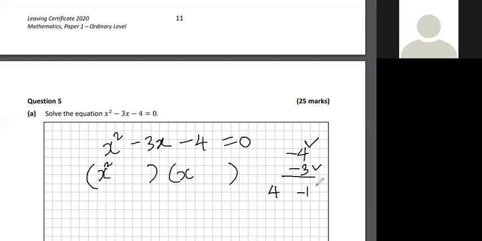But if you add 4 and minus 1, you will never get minus 3, because that will give you just 3. So therefore you go back and change the sign, you put the plus back on 1.